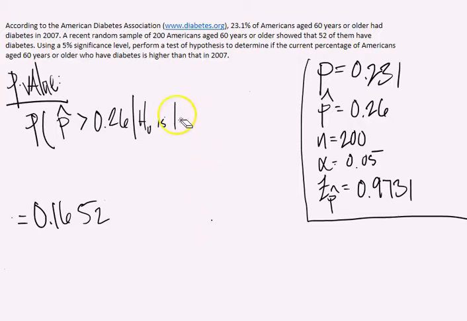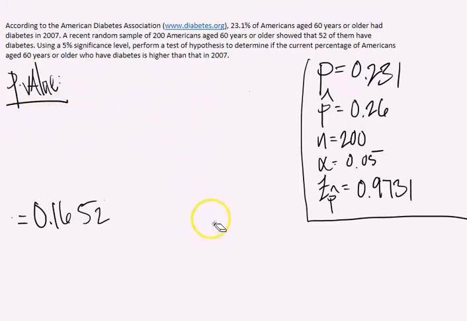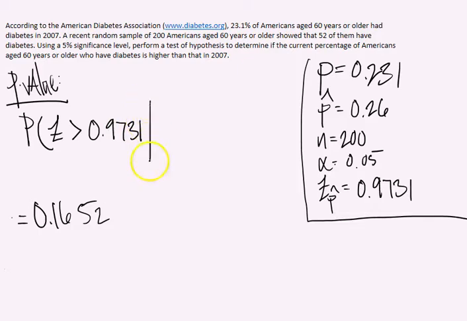Okay, so I'll keep the value there, but our probability statement will be different, and the calculations we use will be different. So now we're checking that we get a z-score that is larger than the z-score that I got, 0.9731, assuming that the null hypothesis is true. Okay, so when we use this, we'll use normal CDF again.